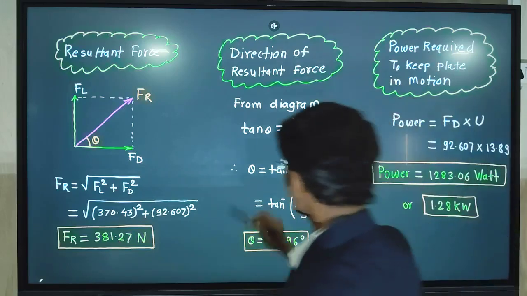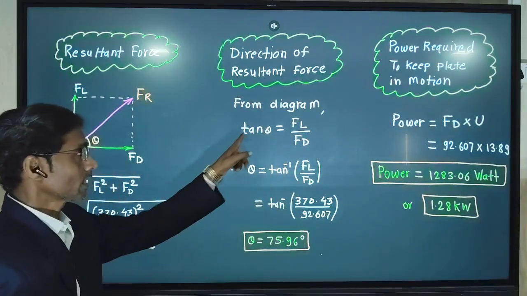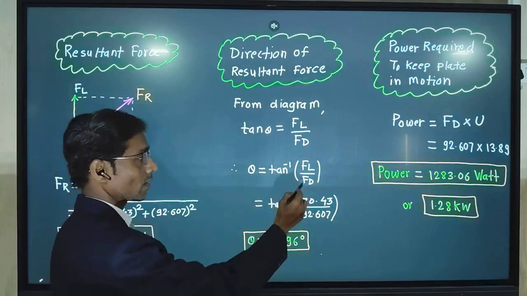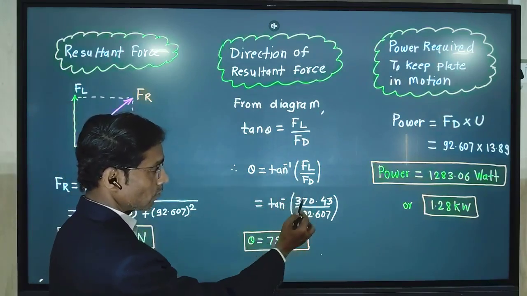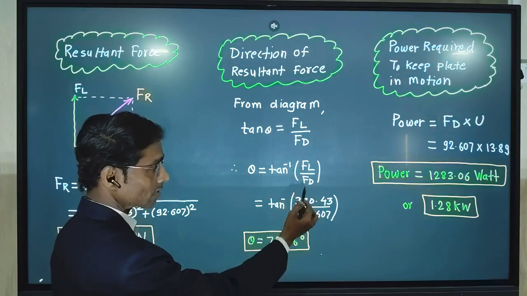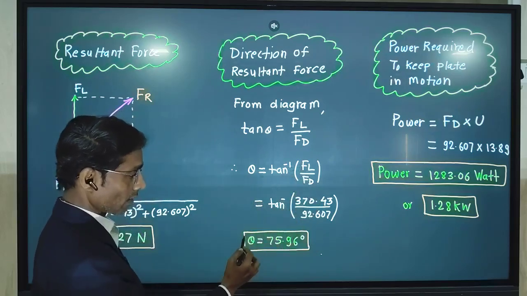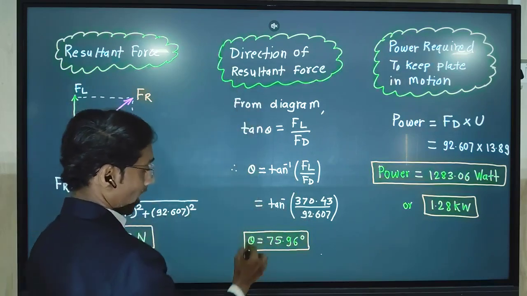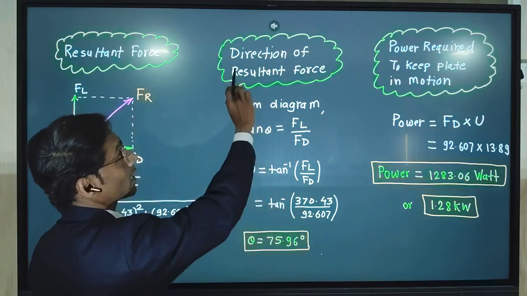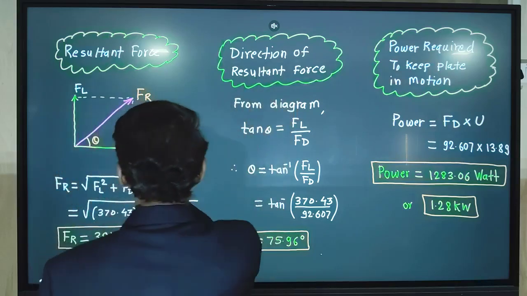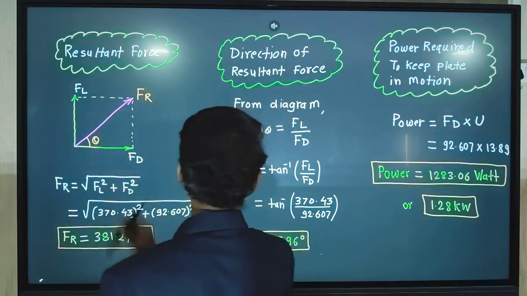Further, in order to calculate theta, we take the tan inverse of FL by FD. Putting the calculated values of lift force and drag force and doing the calculation, we get the angle value in degrees, that is the direction of resultant force with the horizontal.